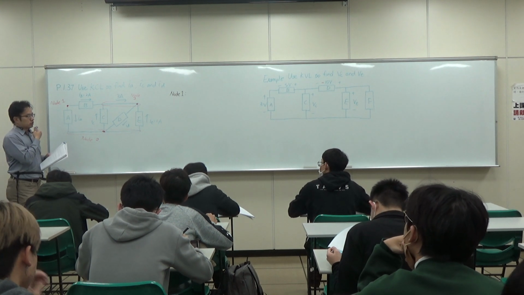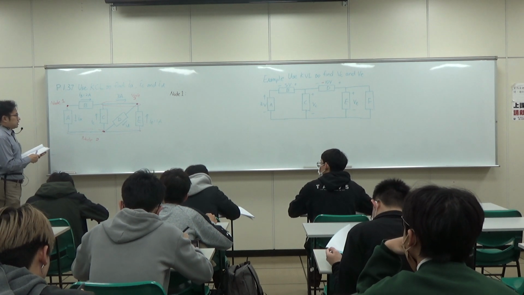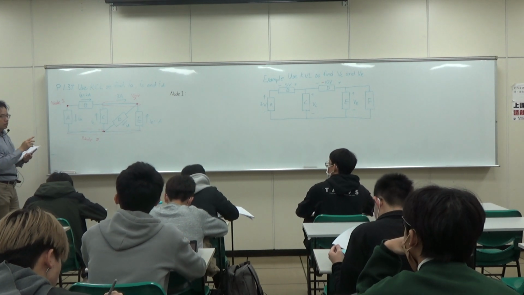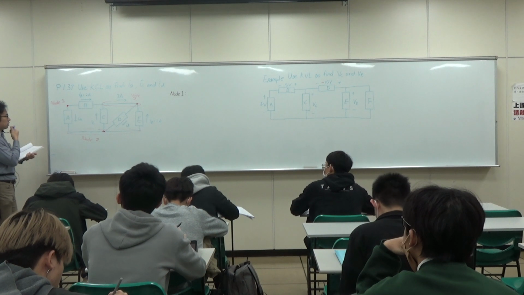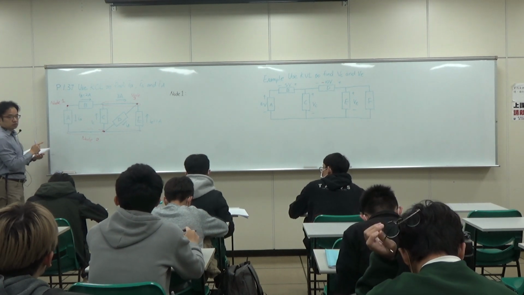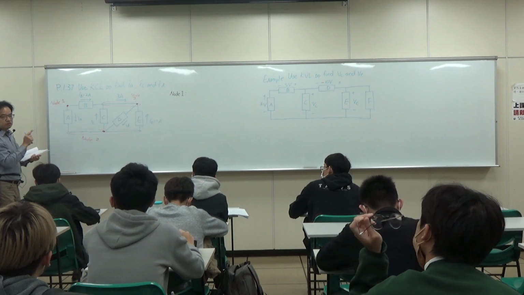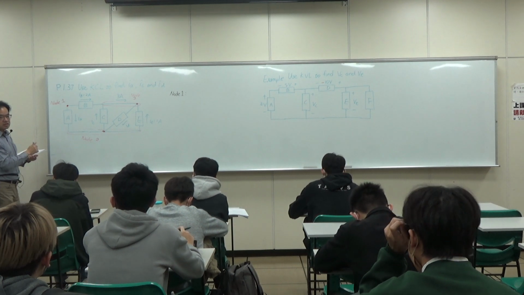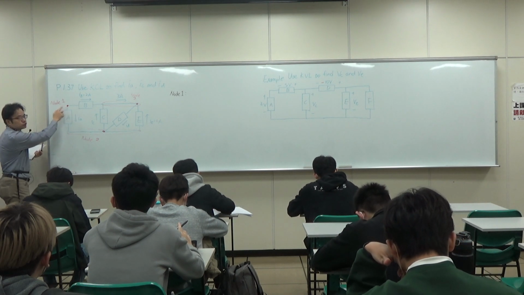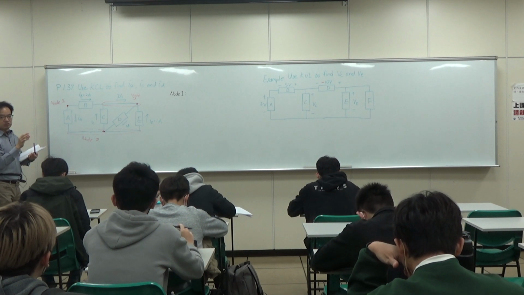KCL tells us the net current entering a node, the summation of the current entering a node, is 0. So this is the definition of KCL. The summation of the current flowing into a node is 0.